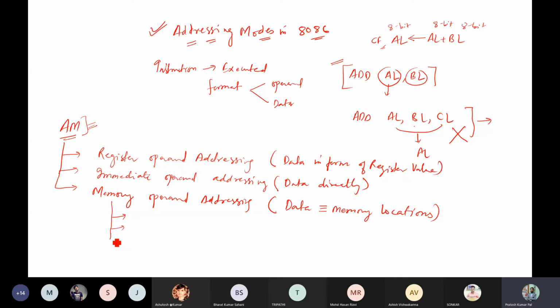Based on the type of methods through which we can access the data from the memory, that will be one type of addressing mode. Once we are able to access the data, we can define different types of addressing modes. So there are different ways to access the memory. One is direct addressing.